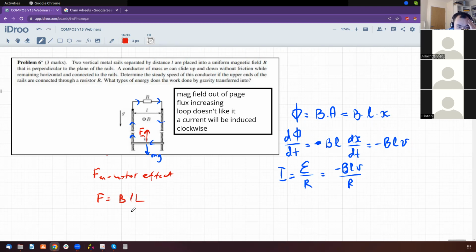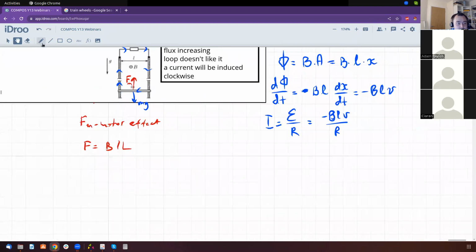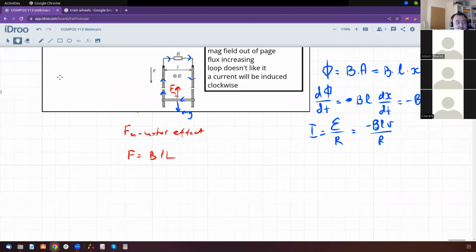BIL. Okay. Now, because these two forces are equal, because it's moving at constant speed, that means BIL is equal to mg.